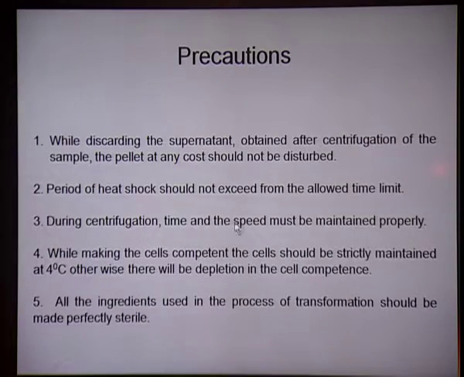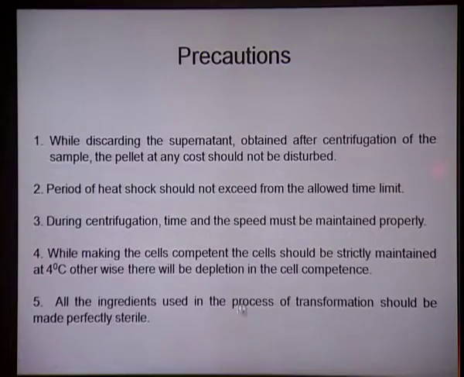Number three, during centrifugation, the time and speed must be maintained properly, and while making cells competent, it should be strictly maintained at 4 degrees centigrade. Otherwise, there will be depletion in the cell competence, as we discussed in our lecture. And all the ingredients used in the process of transformation should be made perfectly sterile by autoclaving or some other means.